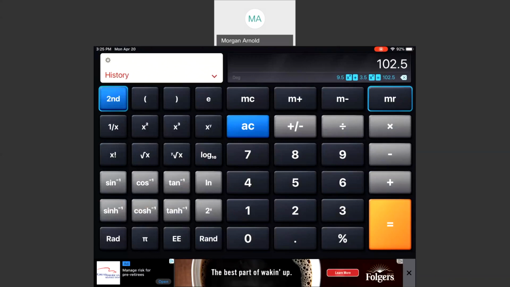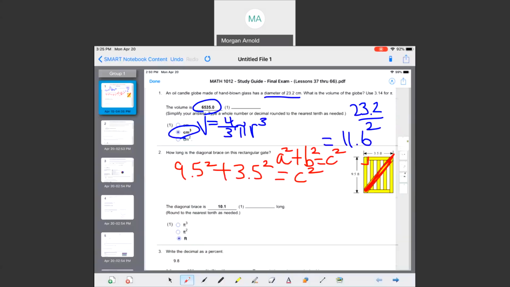And then we need to take the square root of that to find the actual diagonal. So the square root of 102.5 is this answer, 10.12. And per the directions, round your diagonal to the nearest tenth place. So 10.1 feet is the correct answer.